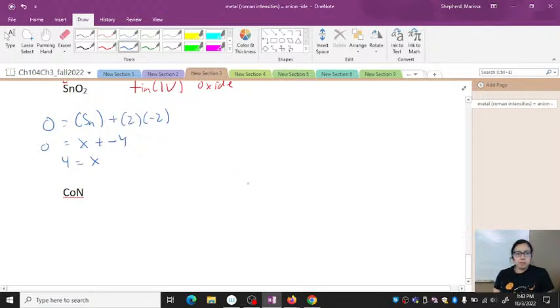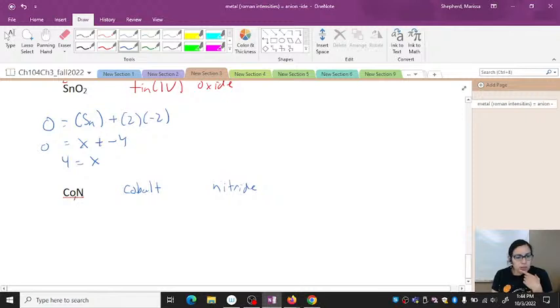And then this last one, CoN, how would you name it? Except what's missing? So cobalt nitride. What oxidation state is cobalt though? So you've got to base it off the nitrogen.